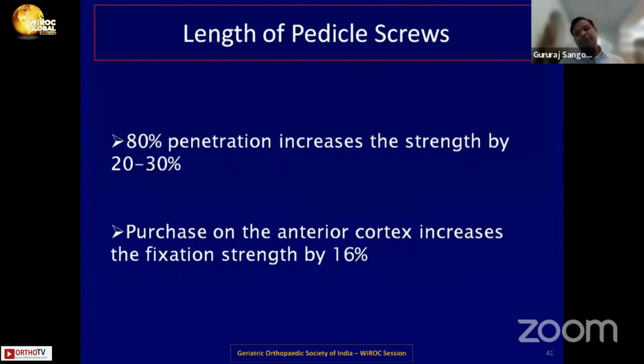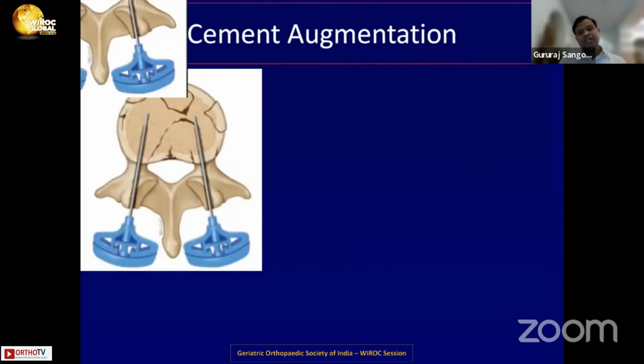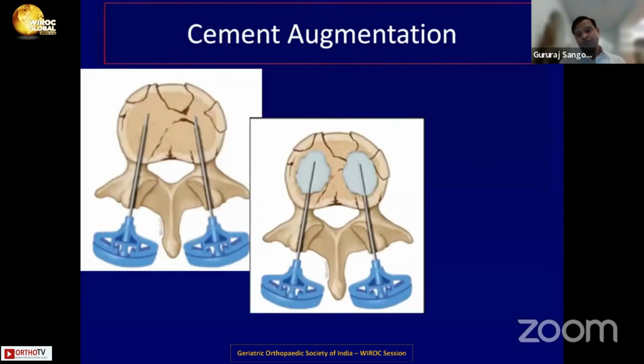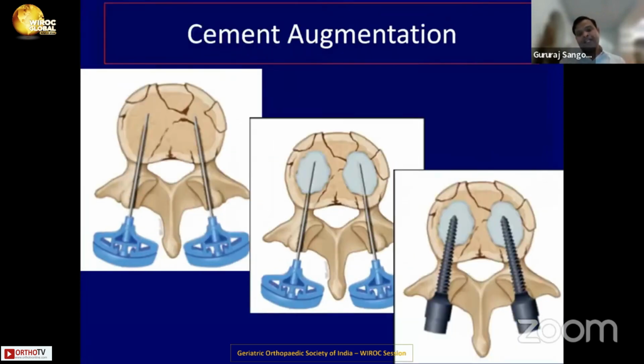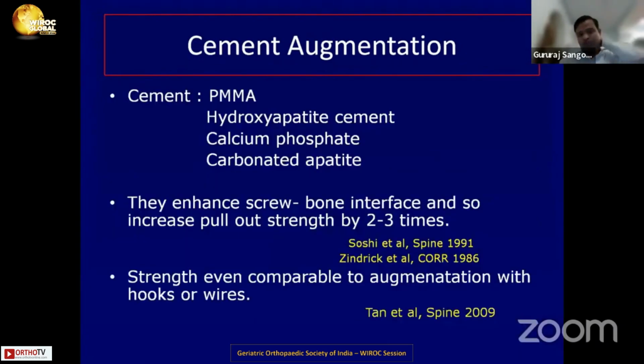And 80% penetration increases the strength by 20 to 30%. Purchase on the anterior cortex, which you have to do very carefully, additionally increases your pull-out strength by another 16%. Additionally, you can use cement augmentation of these screws, and it increases your pull-out strength by 2 to 3 times.